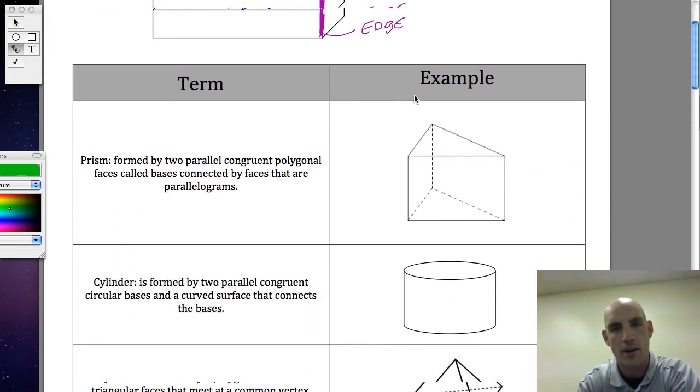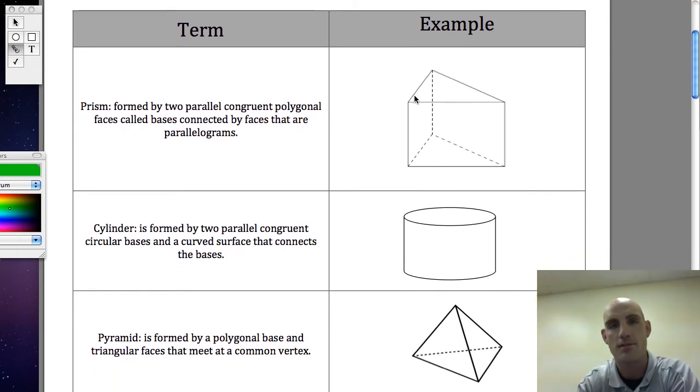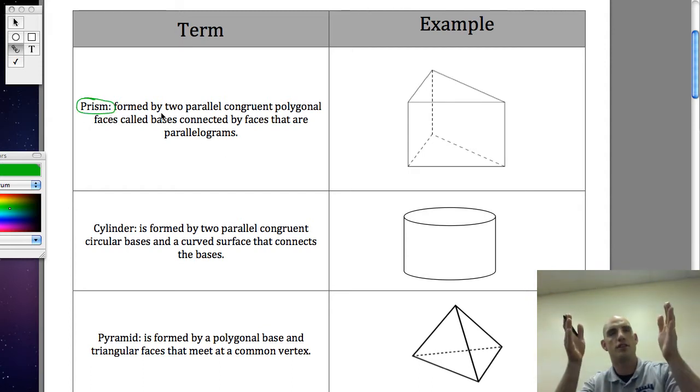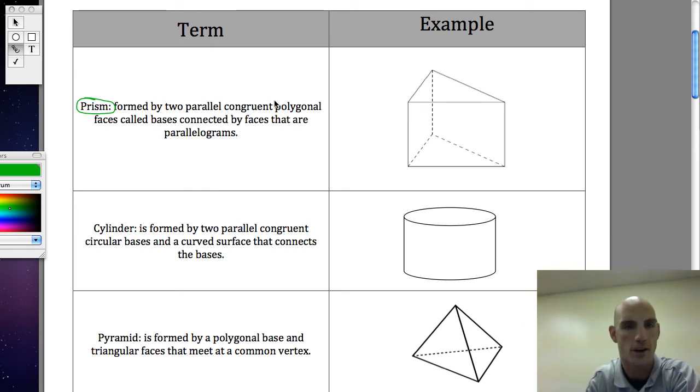When I scroll down here, I'm really just going to be looking at specific types of three-dimensional figures. The first one is called a prism. Now, a prism we can think of as having just these polygon faces. Okay, it's formed by two parallel congruent polygonal faces called bases connected by faces that are parallelograms.